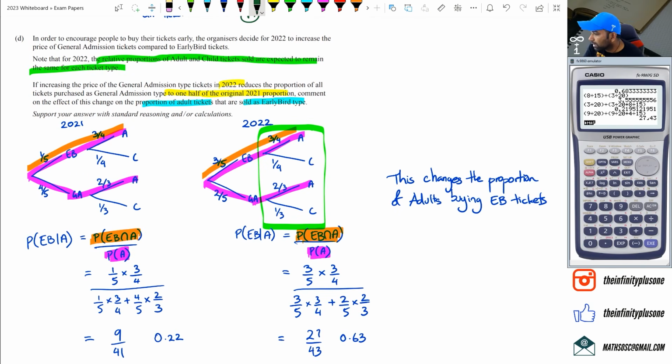Grades wise, the statement that the proportion of adults sold as early bird will increase is supported by conditional probability. If you just calculated one of the conditional probabilities, that's going to get you a merit. But if you compare both of them and then write this final statement, you will be looking at an excellence grade.